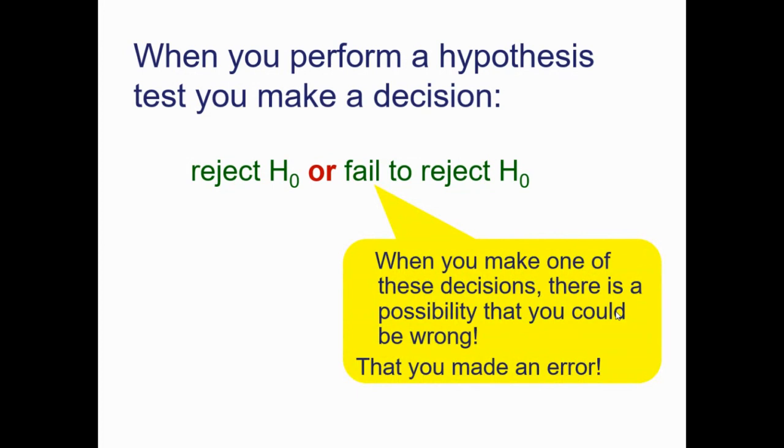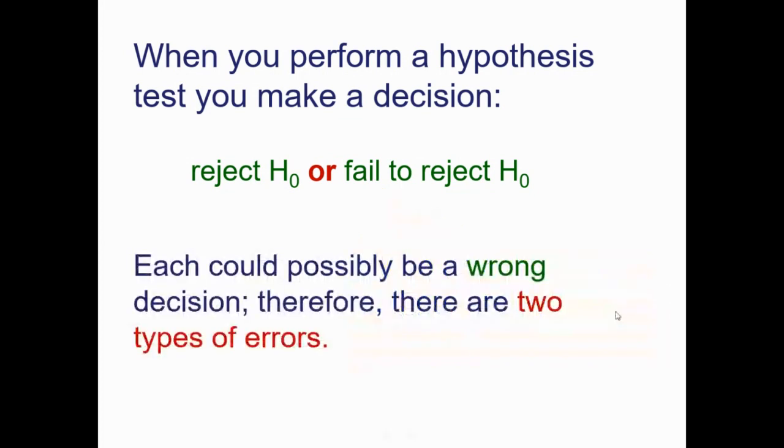When we make one of these decisions, there's the possibility that you could be wrong, or that you made an error. That's just, honestly, the fact of life. Anything you do could actually be the wrong thing. So each could possibly be a wrong decision.